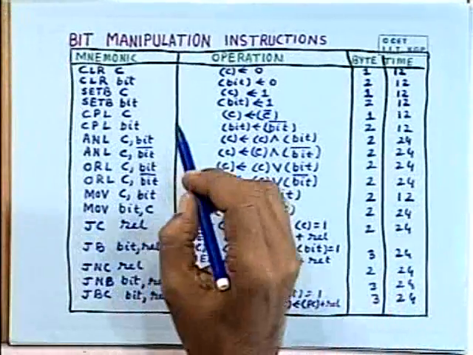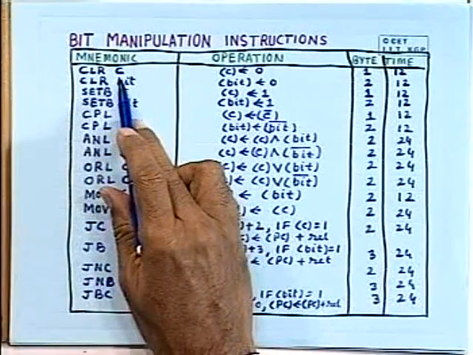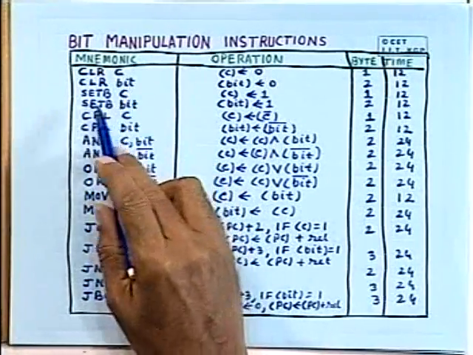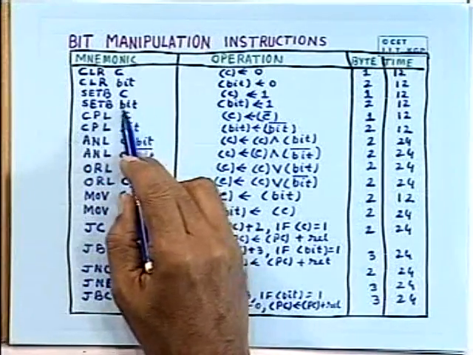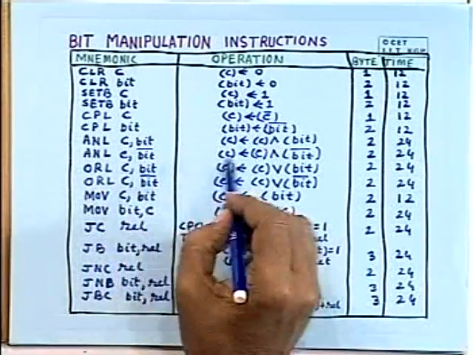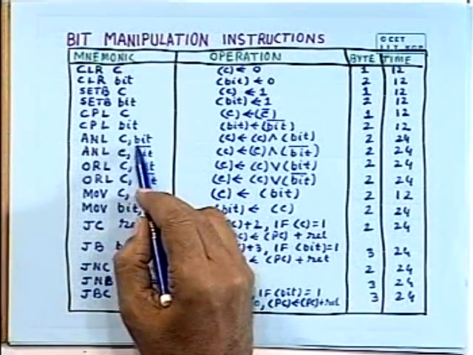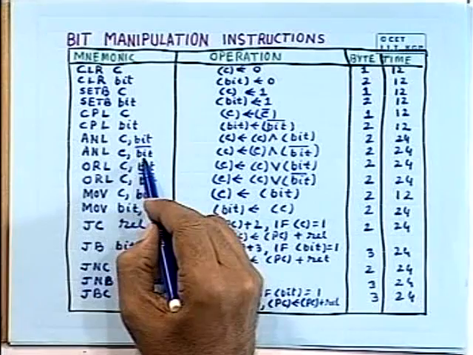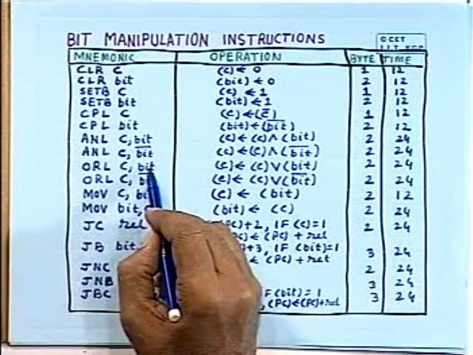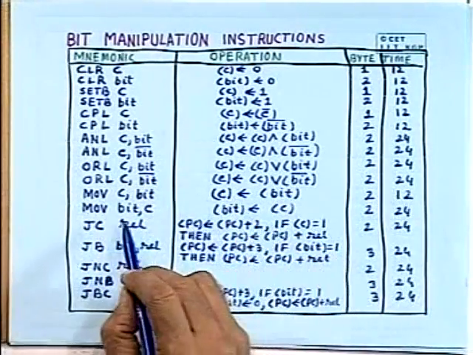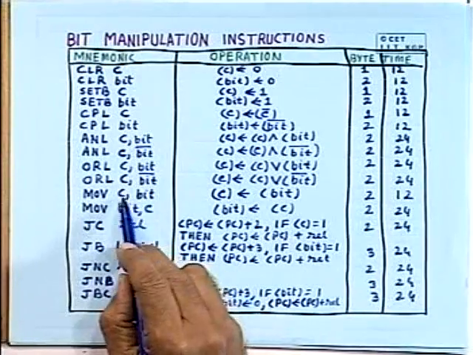Let us have a look at the list. Here we see we have got clear carry flag bit, clear a particular selected bit, that address is provided here, set the carry flag bit, set a particular bit, the address is provided here, complement carry flag bit, complement the selected bit, AND operation between carry and the selected bit, AND operation between carry and complement of that bit, OR operation between carry and the selected bit, OR operation between carry and the complement of the selected bit, and move operation between the carry.